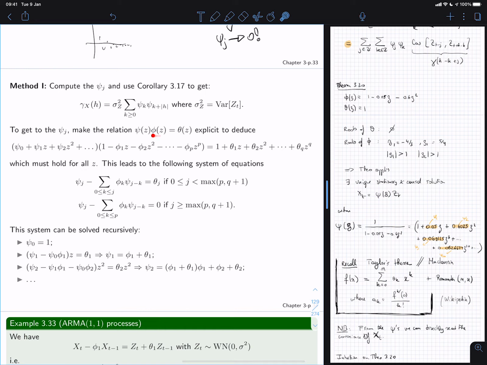Well, psi of z times phi of z is equal to theta of z. That's the relationship. Well, psi of z is this, phi of z is this, theta of z is this. This must hold for all z. Well, then we simply expand this times this. This gives us a polynomial. Let's have a look.